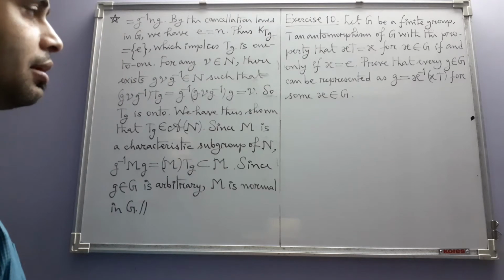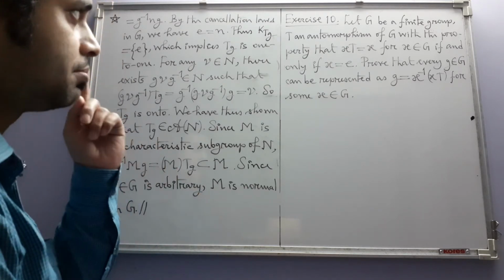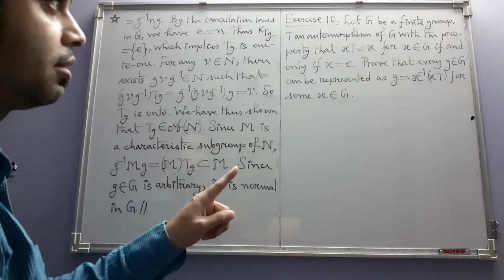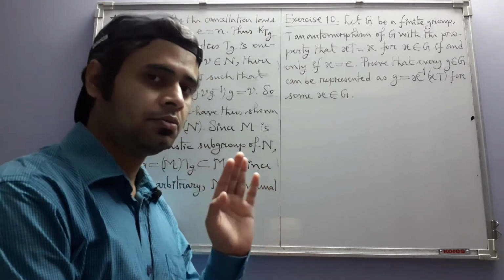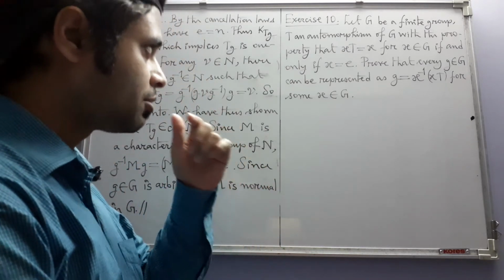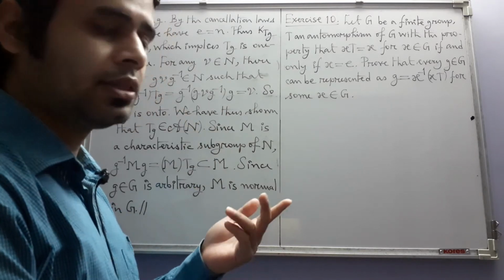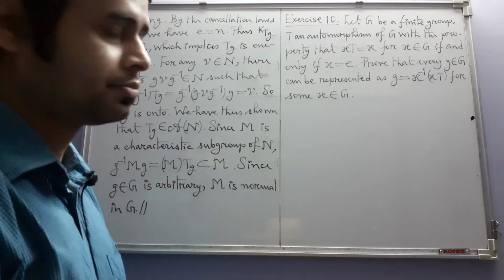Okay, so we are now in a finite group G which has an automorphism T that maps an element into itself if and only if that element is the identity, which means that this automorphism fixes only the identity, it changes everything else.